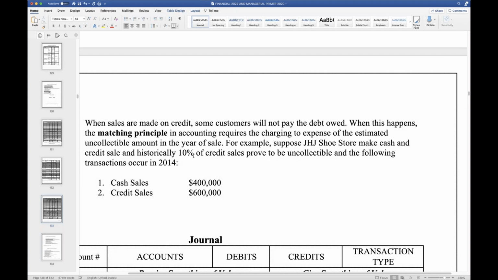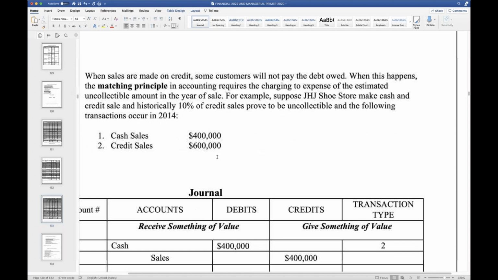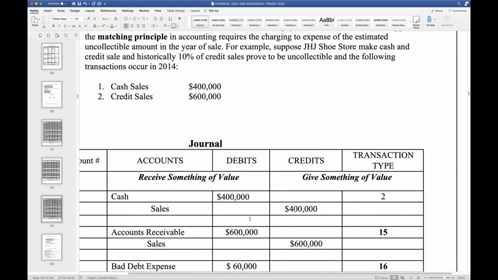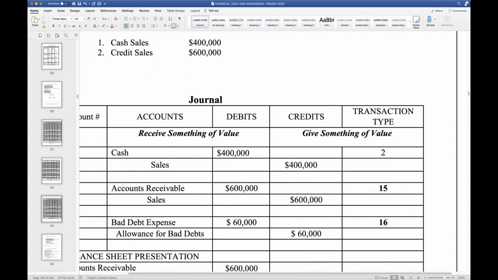But we know from history, 10% of the people are not going to pay. They just don't pay. So on the cash sale, debit cash, credit sales, 400,000. On the credit sale, debit accounts receivable, credit sales of 600. So we're showing a receivable at 600 and sales at 600,000. But we're only going to get 540.